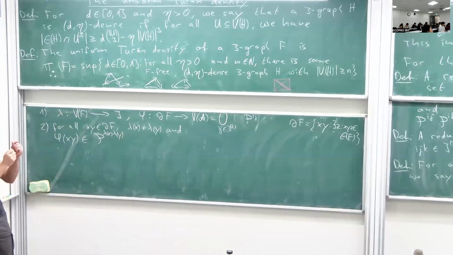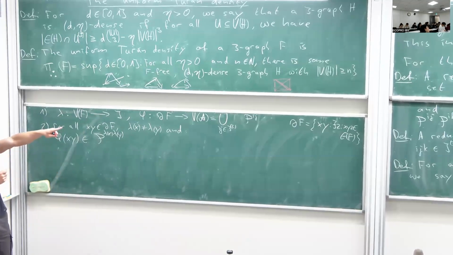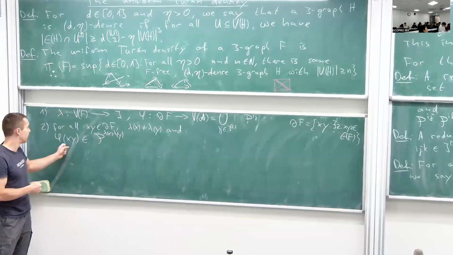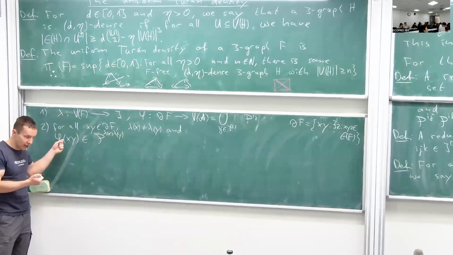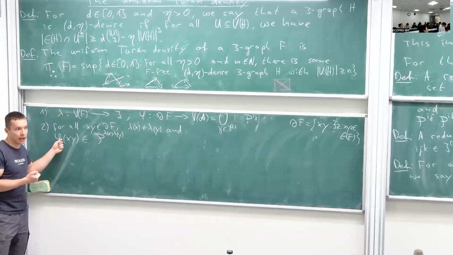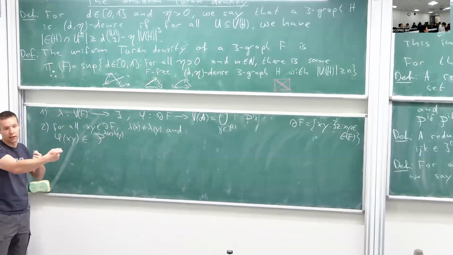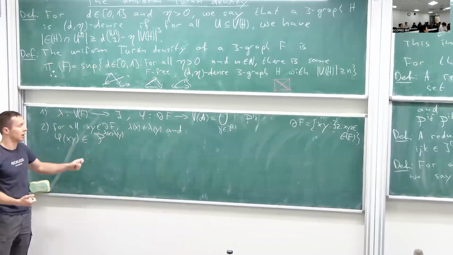Okay, so for any pair of indices, we have one of those partition classes, and when some pair lies in the shadow, we want to map it to the respective partition class.